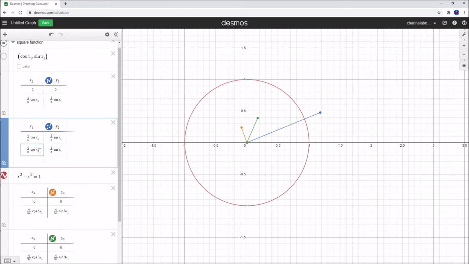So we're going to add on plus 4 divided by 3 pi times our cos 3x1, and for the y we're going to have plus 4 divided by 3 pi times our sine 3x1.